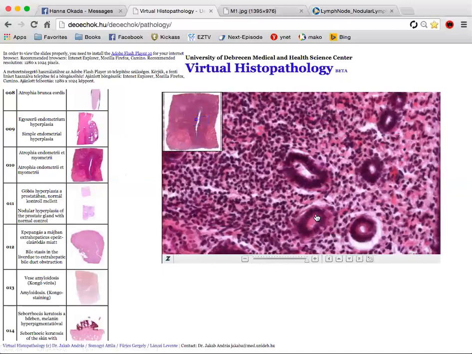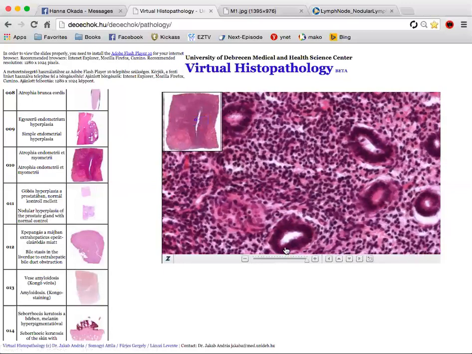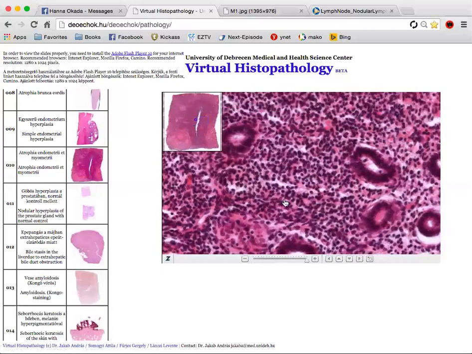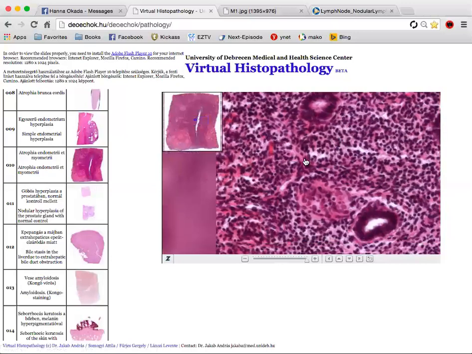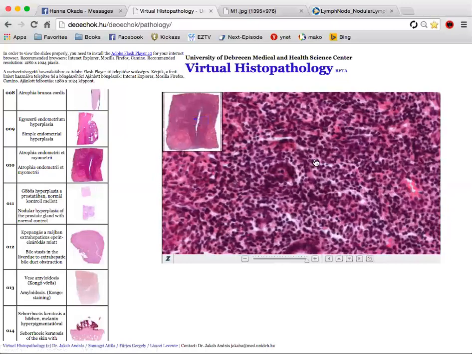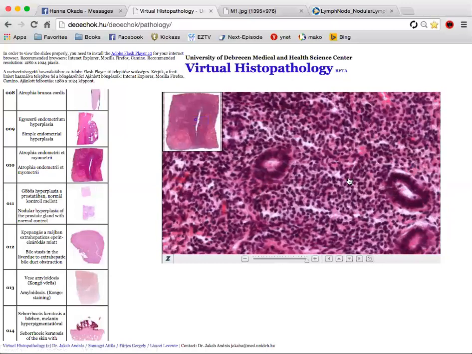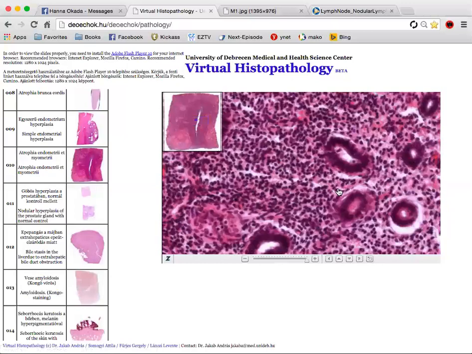So this is all very shrunken. Single layer cuboidal epithelium, and when you look at the stroma, you see that it's very dark. So these cells are not active. They're not dividing. Just look at their nuclei; they're very, very small. So that's atrophy.